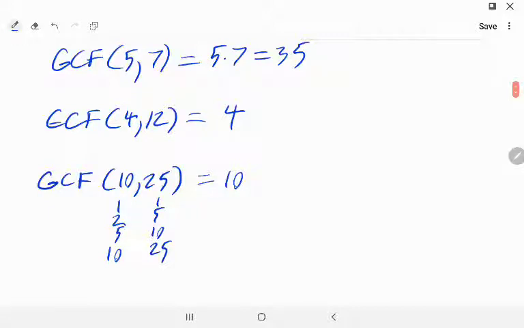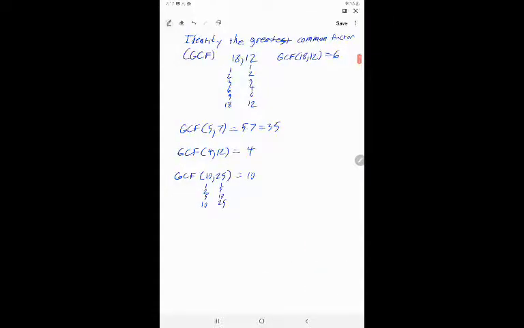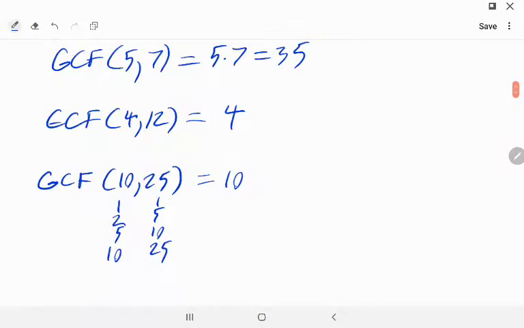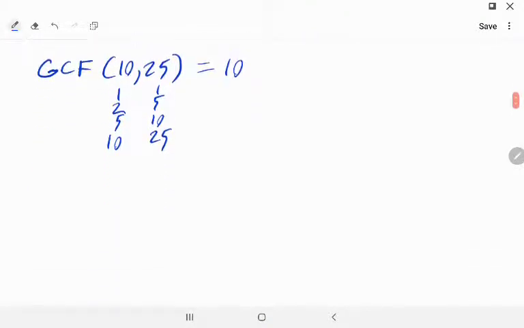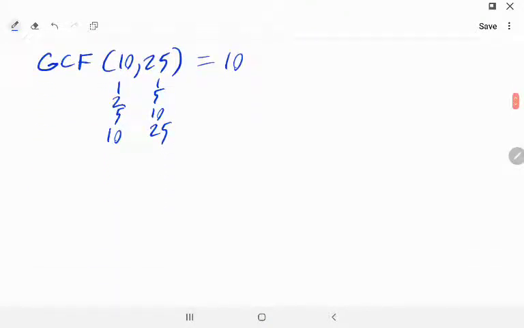Once we've identified the greatest common factor, we like to factor using it.